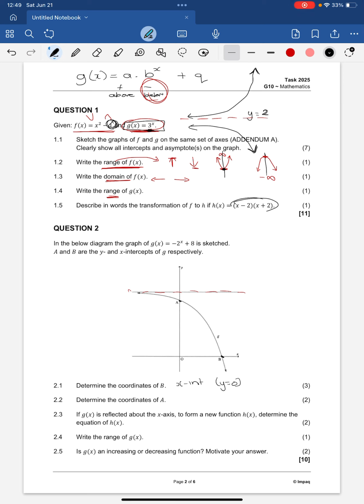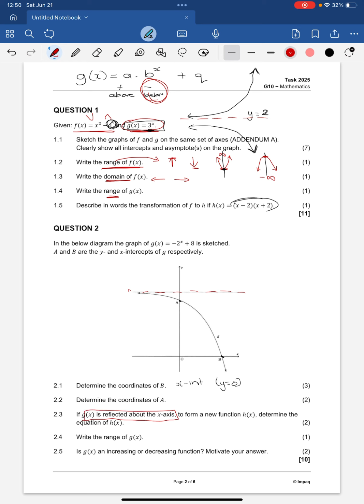If g of x is reflected about the x-axis to form a new function, h of x, determine the equation of h. I don't think I explained this to you, but let me tell you. G of x is reflected about the x-axis. Here's the x-axis. No, I did explain this to you, I remember.